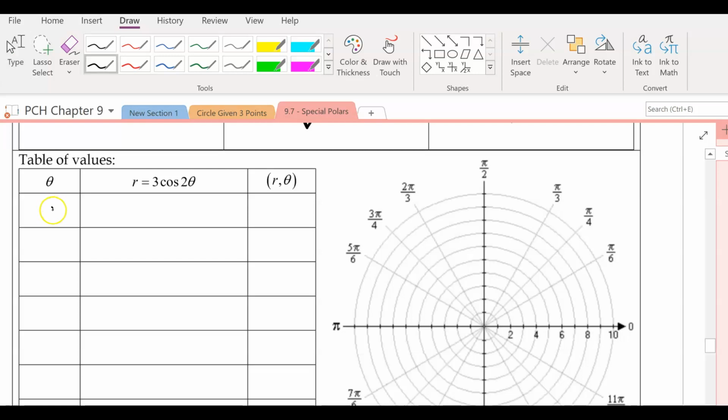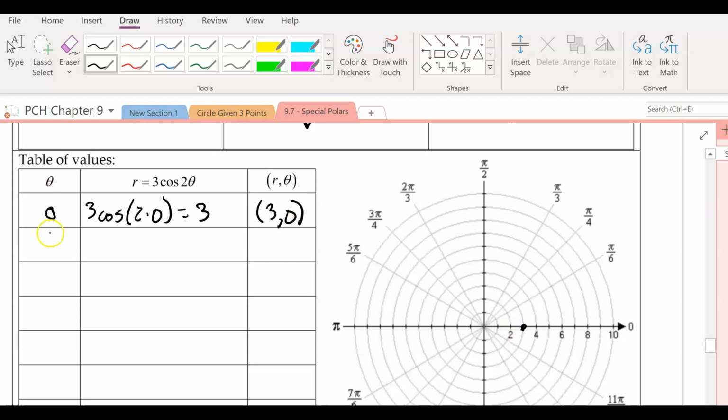So starting with 0, I've got 3 cosine of 2 times 0. So 2 times 0 is 0, the cosine at 0 is 1, so 3 times 1 is 3. So this is going to be 3 comma 0, so that's going to be right over here.